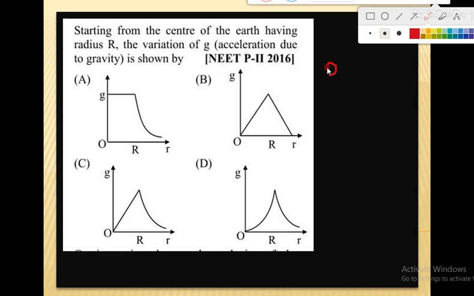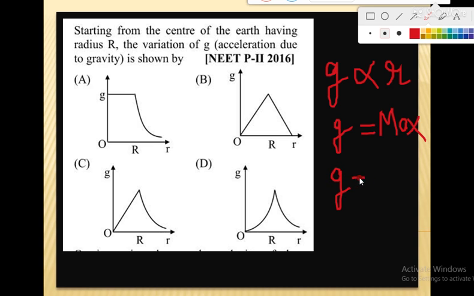Acceleration due to gravity g depends on the radius of earth inside the earth. Its value is maximum on the surface of earth, and it will gradually decrease when we move away from the earth. So if we move away, then its value is again decreasing.